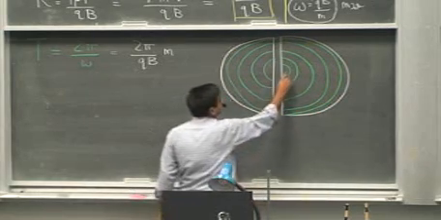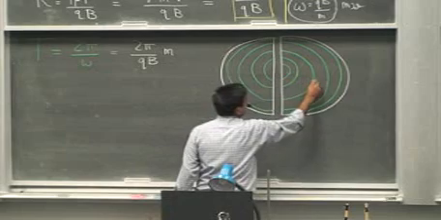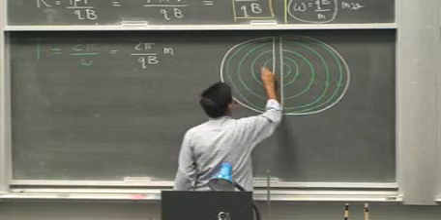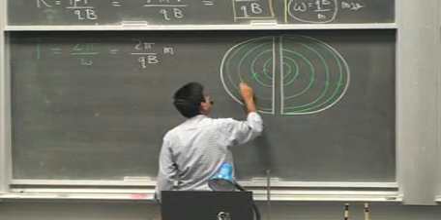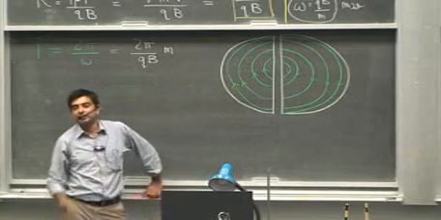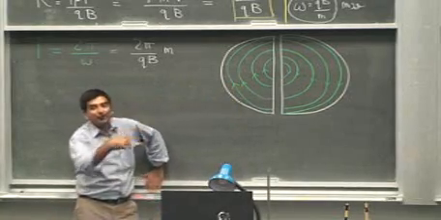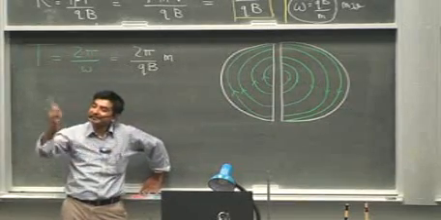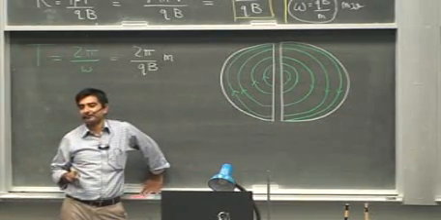This is called cyclotron motion. So in each round trip, the particle takes the same amount of time, which is capital T.